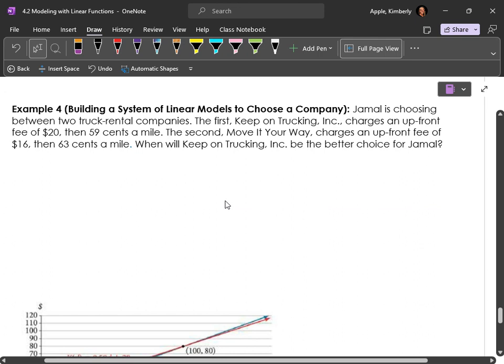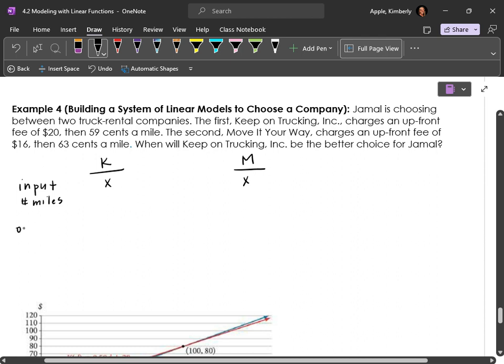And then finally, example number 4 has Jamal comparing the cost to use 2 rental truck companies. And at some point, because they have different ways to calculate their cost, they're going to come up with different prices according to how far we've gone, right? So let's define our input as X in each case, and that's going to stand for the number of miles.